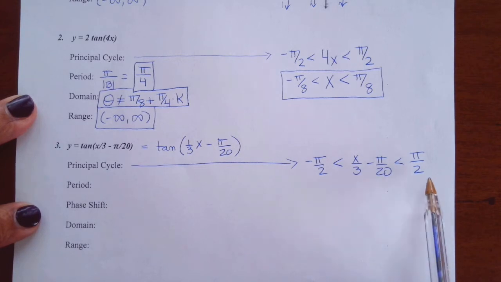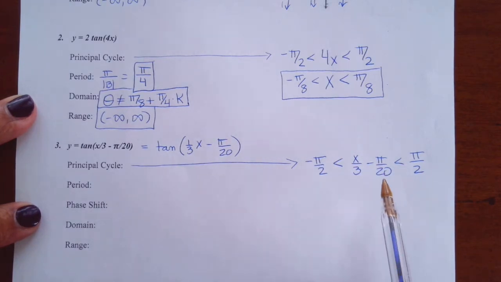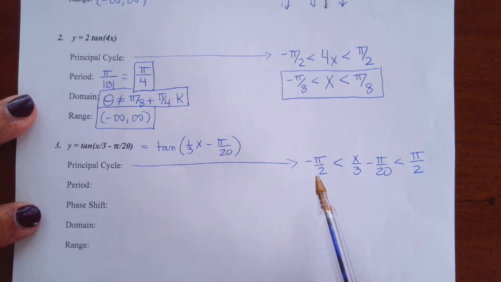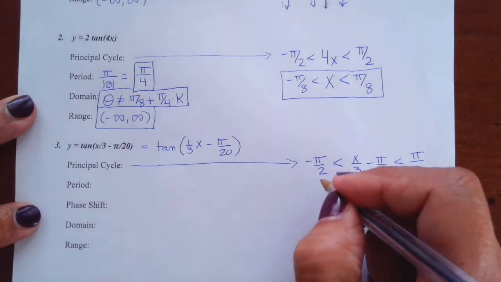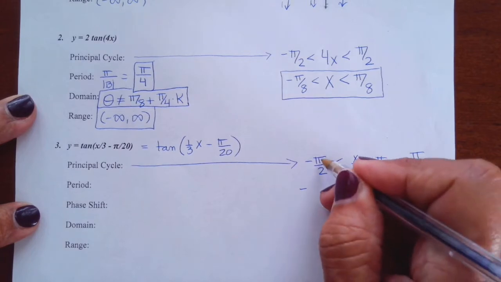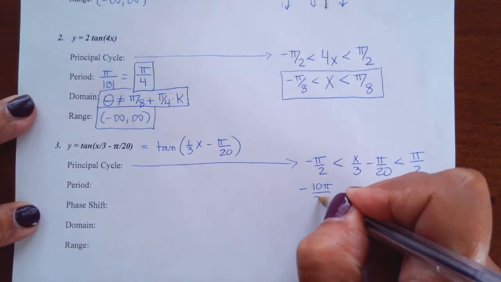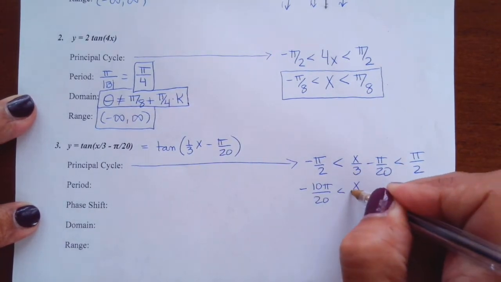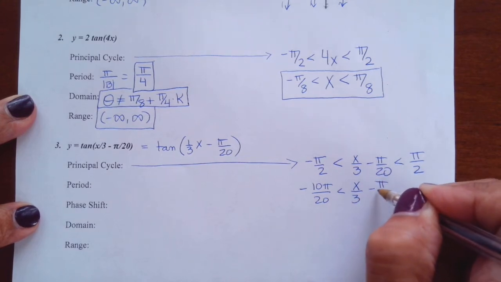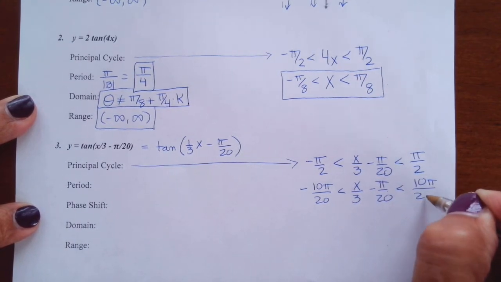All right, since I've got to add pi over 20 to both sides, I'm going to go ahead and get a common denominator. So the common denominator would be 20. So instead of 1/2, that's going to be 10 pi over 20. Still leave the middle the way it is. And this is positive 10 pi over 20.